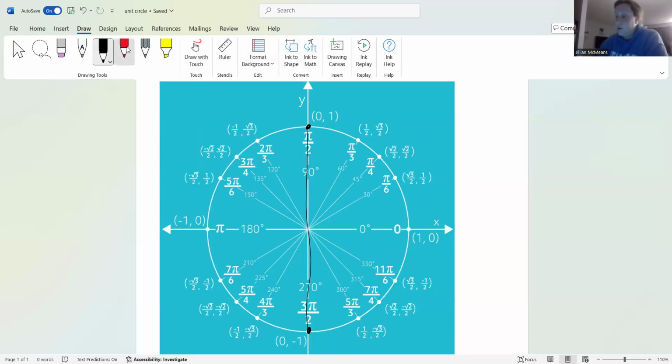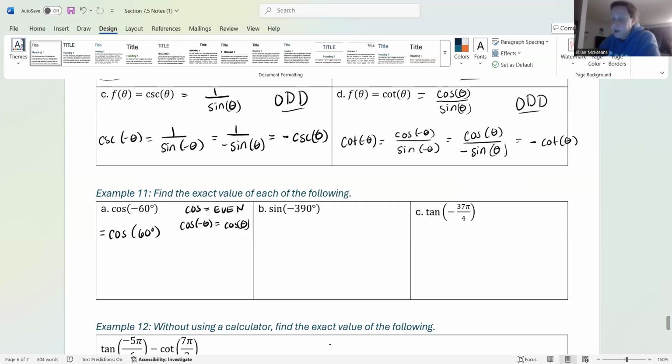Imagine drawing an angle: we've got our vertex, our initial side, and we want to go 60 degrees. So we intersect the unit circle right here. Cosine is the x-coordinate of that point, so cosine is just positive 1/2. So cosine of negative 60 is equal to cosine of positive 60, which equals 1/2.